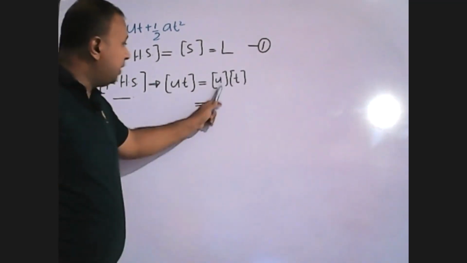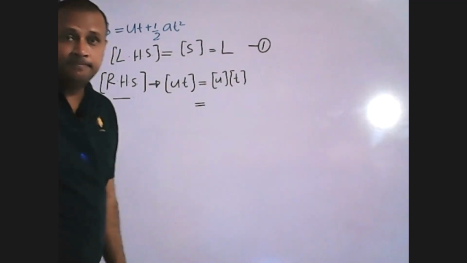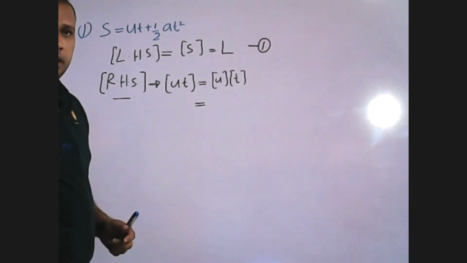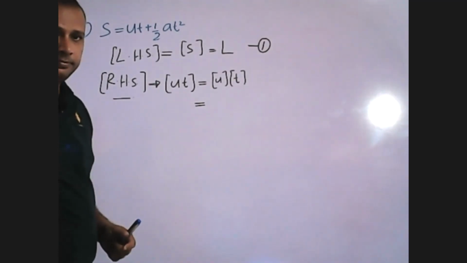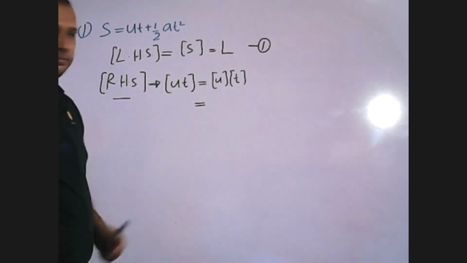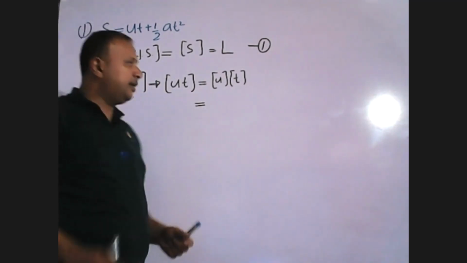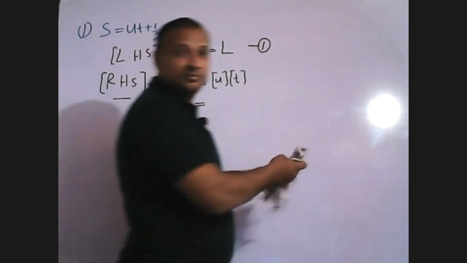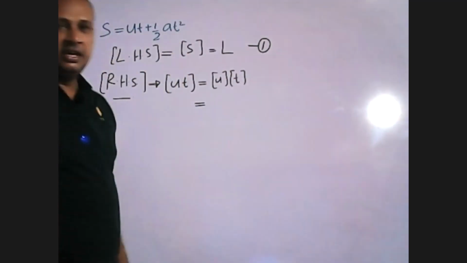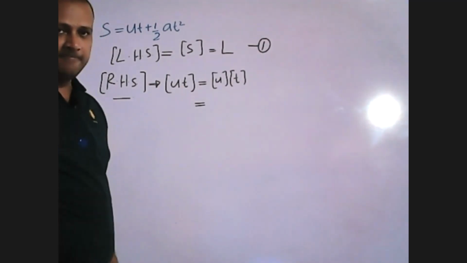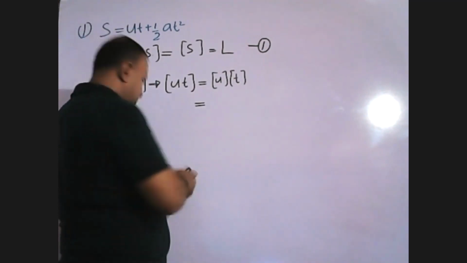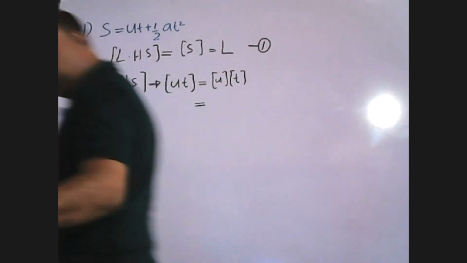What is the dimension of velocity? Velocity: LT minus 1. Good. LT minus 1.